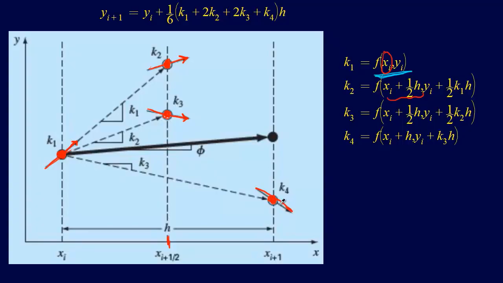All right, so once we have our k1, k2, k3, and k4, we put them all together, and we come up with our phi, the slope that we use to take the entire step, and that becomes our step.